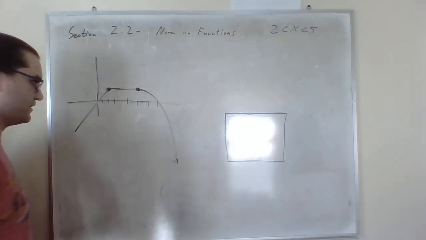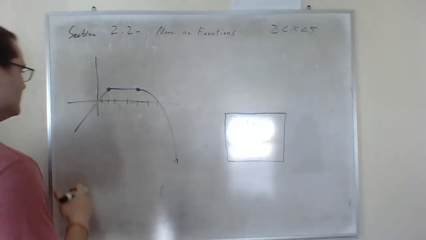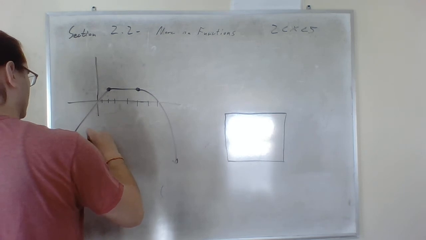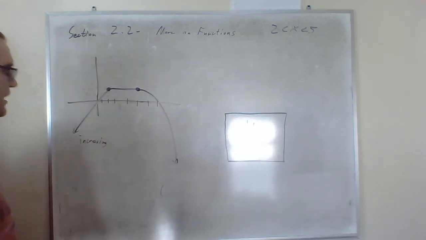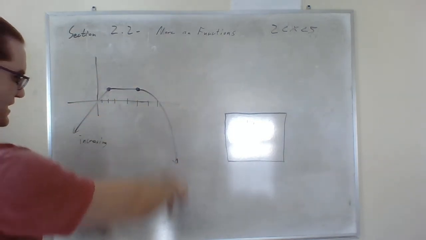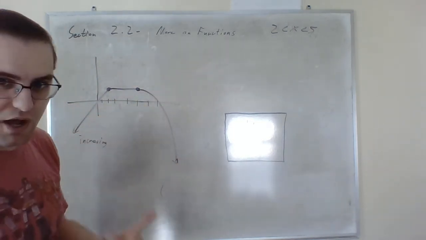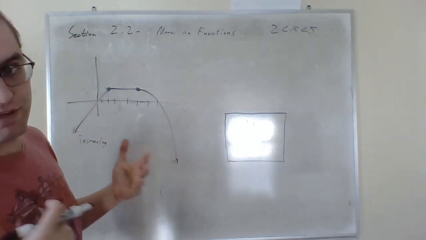So if we have a graph like this and we're being asked to determine where it's increasing, where it's decreasing, again, it's sort of tempting to say that it's decreasing everywhere because both of these arrows are pointing down, but don't pay attention to where the arrows are pointing. That is like a red herring.